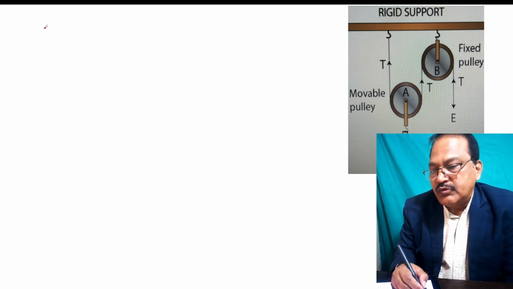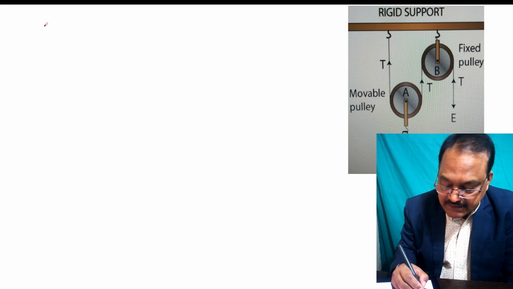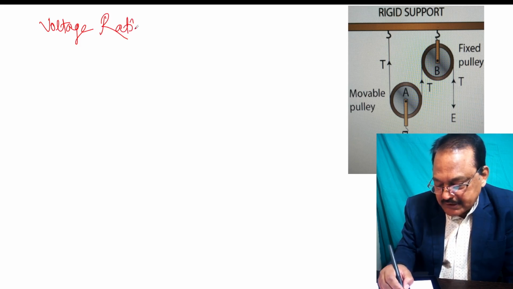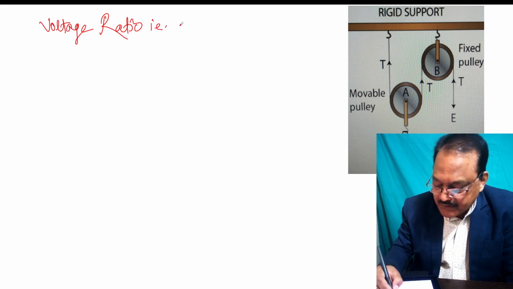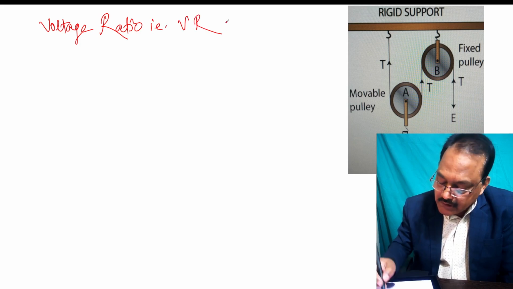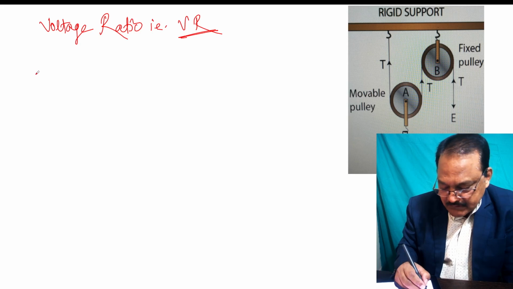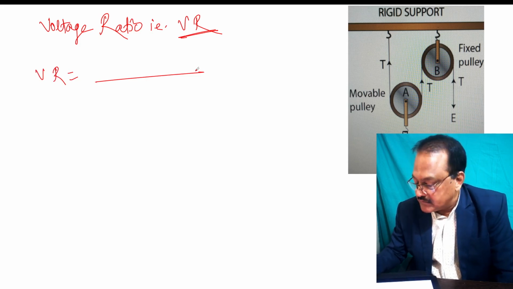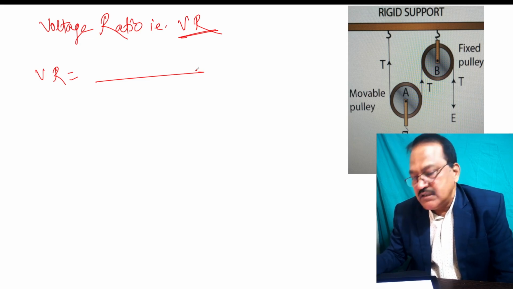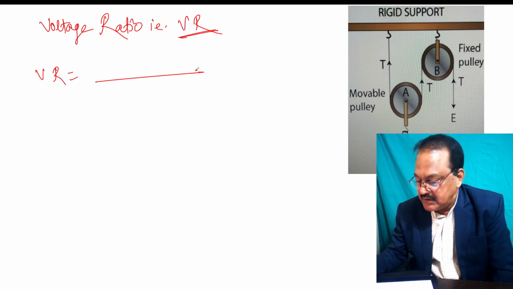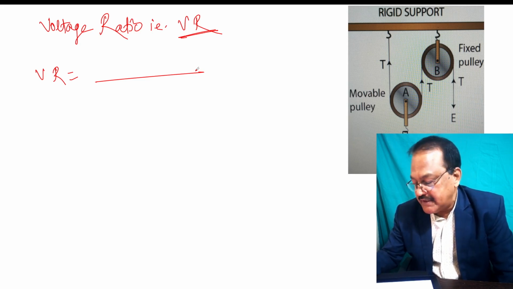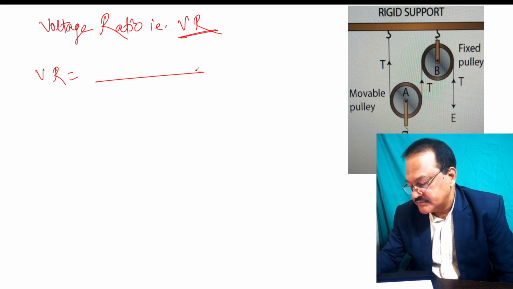Next point, how to calculate the value of velocity ratio, in short VR. Velocity ratio is the ratio of the distance covered by the effort and the distance covered by the load.